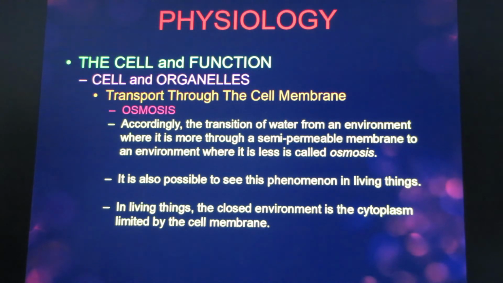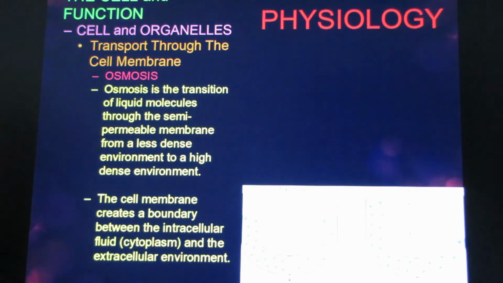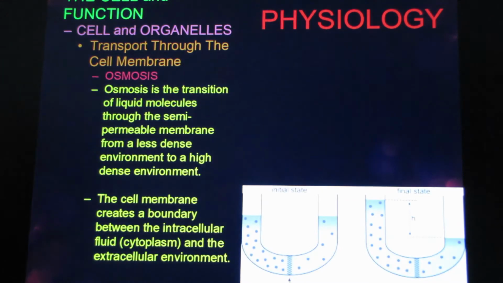It is also possible to see this phenomenon in living things. In living things, there is the closed environment of the cytoplasm limited by the cell membrane. Osmosis is the transition of liquid molecules through the semi-permeable membrane from a less dense environment to a more dense environment to maintain the balance of their densities on both sides.